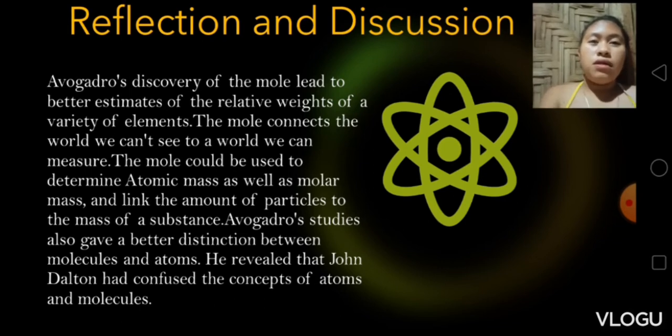So Avogadro discovered the mole, which connects the world we can see and the world we can measure. The mole could be used to determine atomic mass as well as molar mass, relating the amount of particles to the mass of the substance.